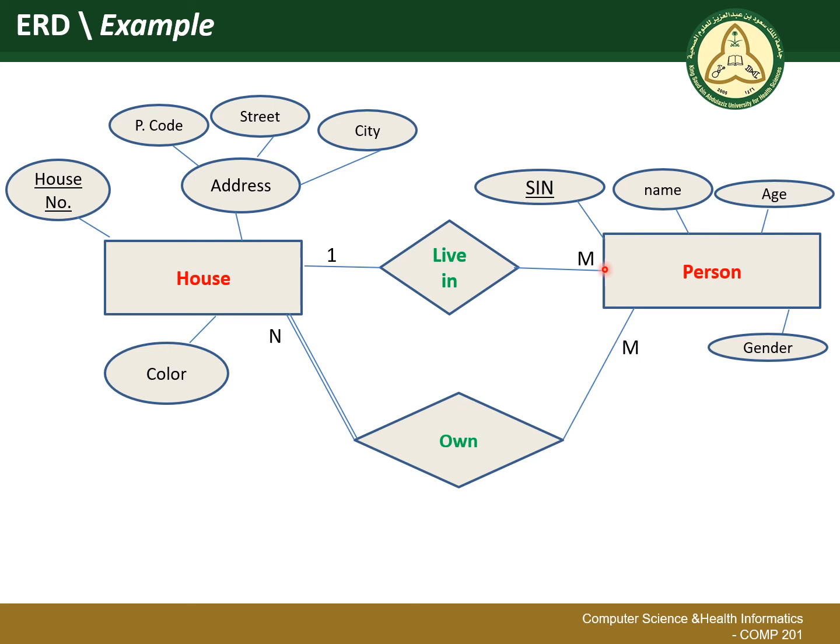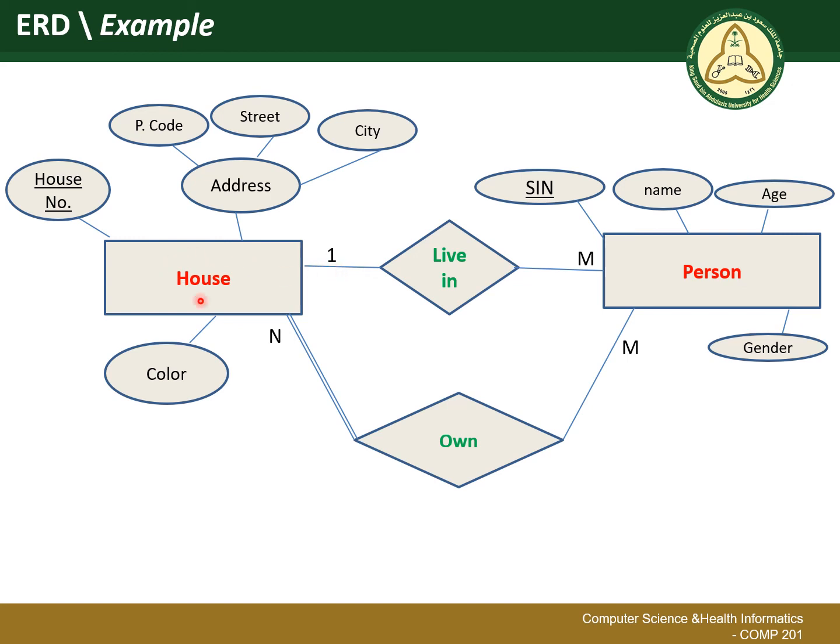The relationship between the house and the person is represented by verbs. So the first relationship is lives in. Any person will live in at most one house, so the cardinality on the house side will be 1.